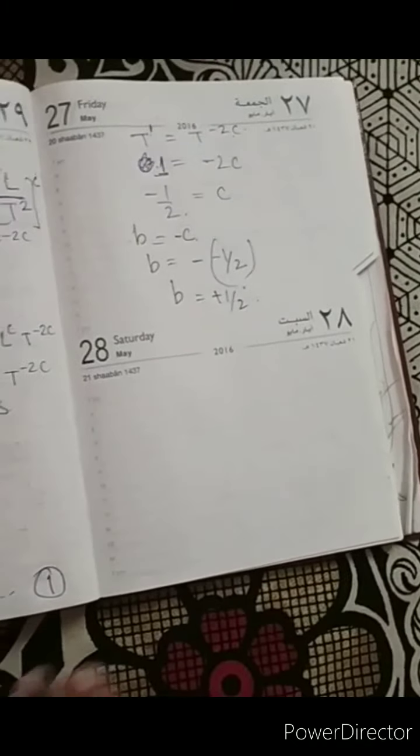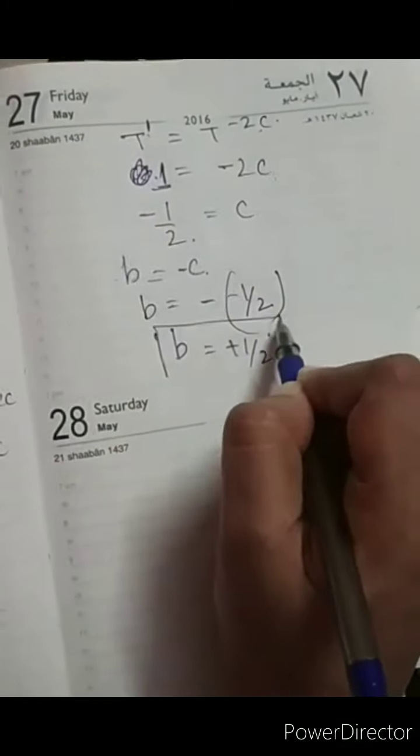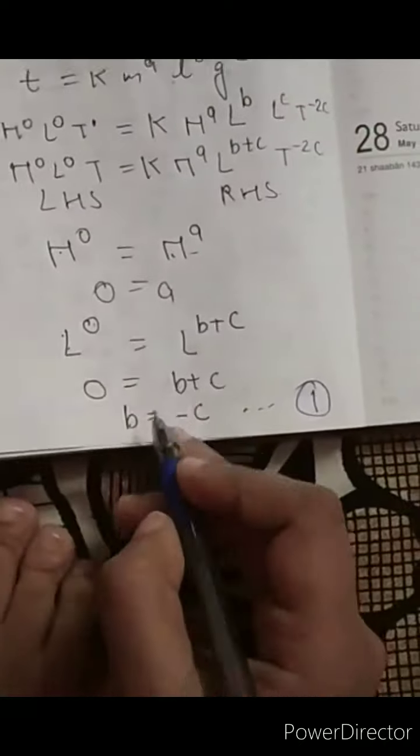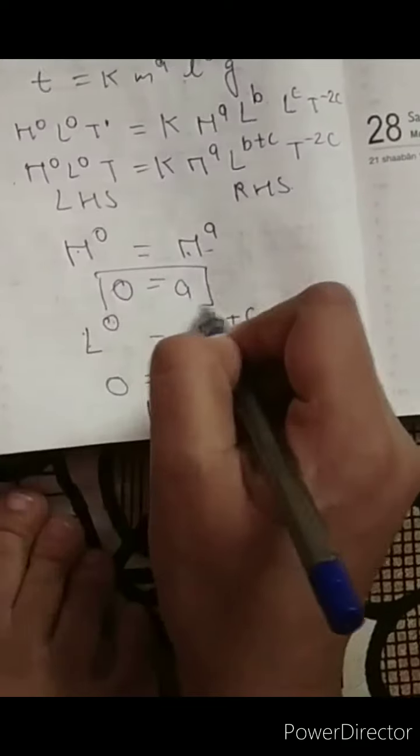Now these are our powers which we have to put in our main equation so that we will get our formula. Remember what our formula was?